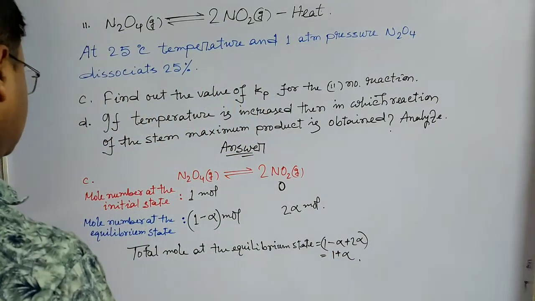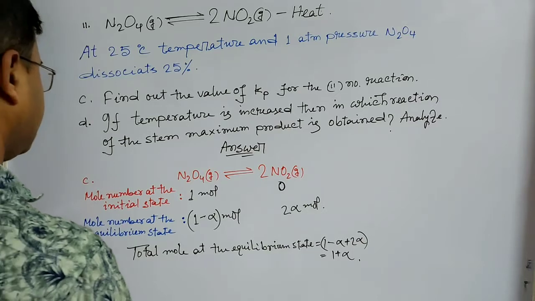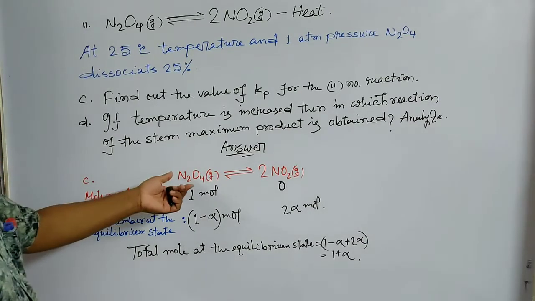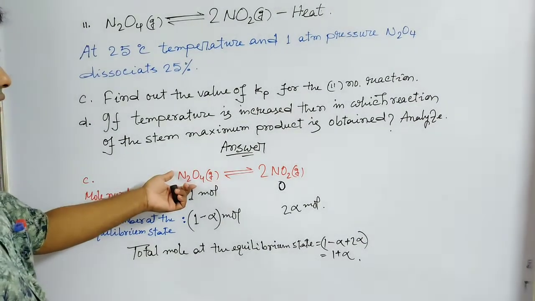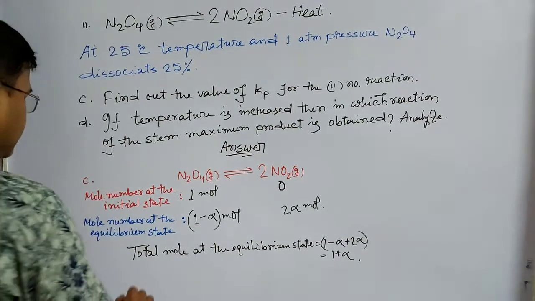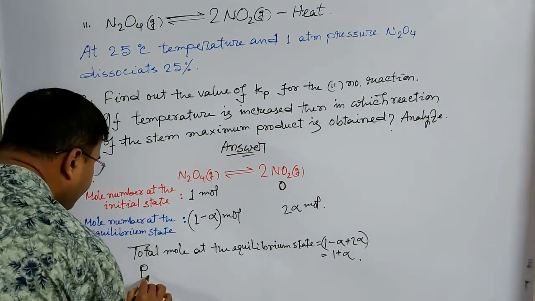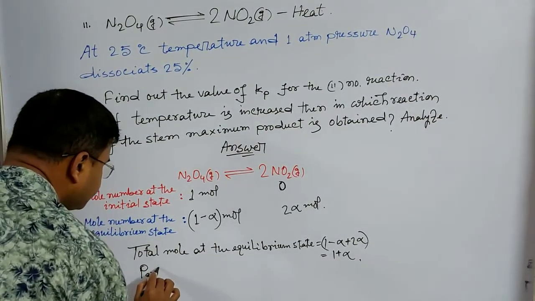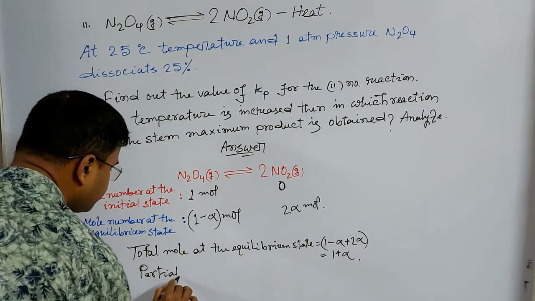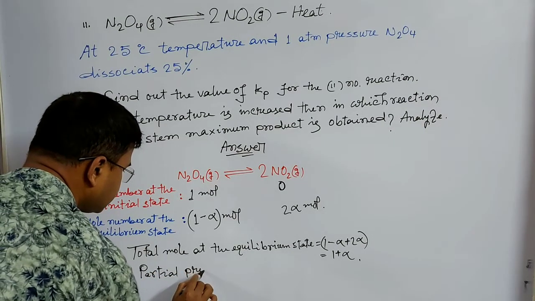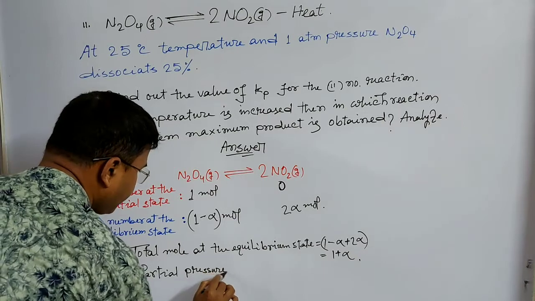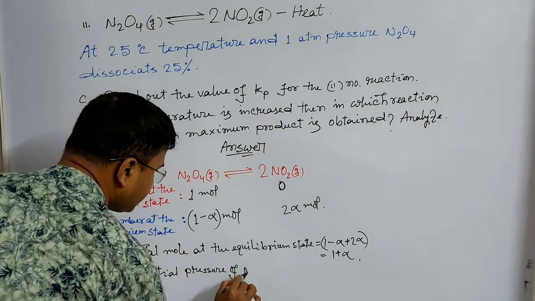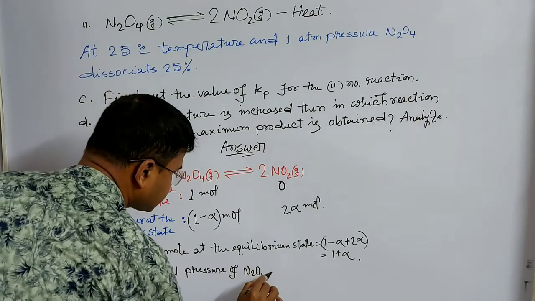So now I have to calculate the value of partial pressure of both nitrogen tetraoxide and nitrogen dioxide. Partial pressure of nitrogen tetraoxide.